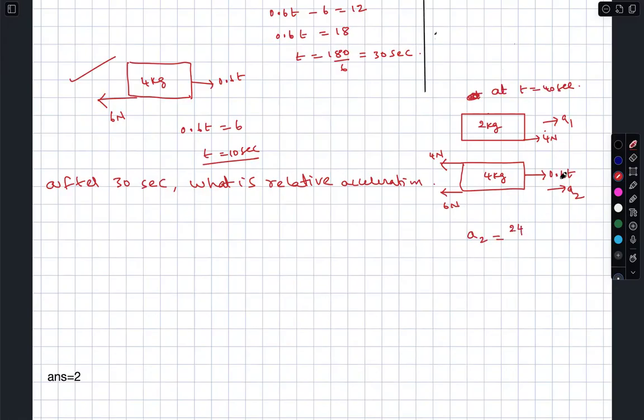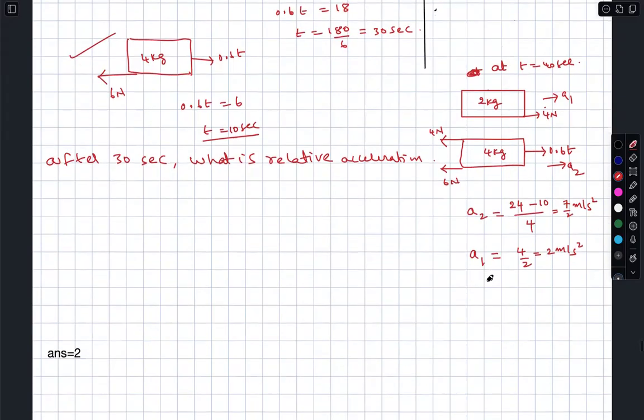So (24 minus 10) by mass 4. Similarly, what is the acceleration above, A1? A1 is simply 4 by 2, 2 meter per second square. And this is 14 by 4, 7 by 2 meter per second square. That's the acceleration of the lower block, and this is the acceleration of the upper block, right?